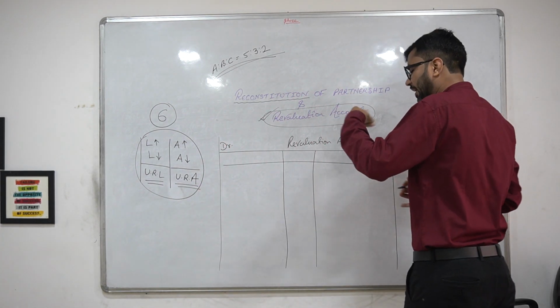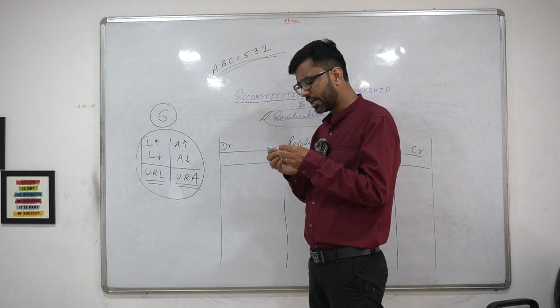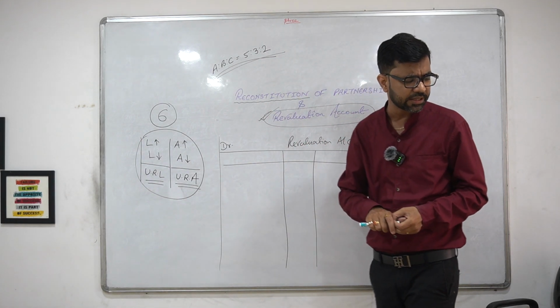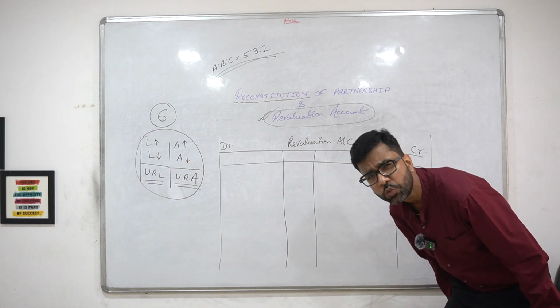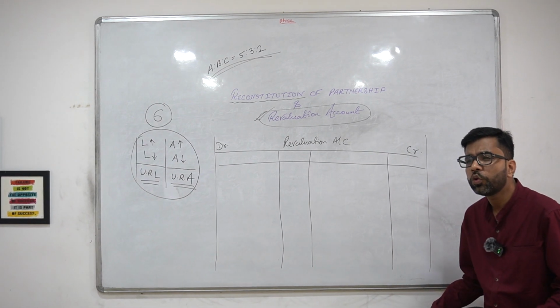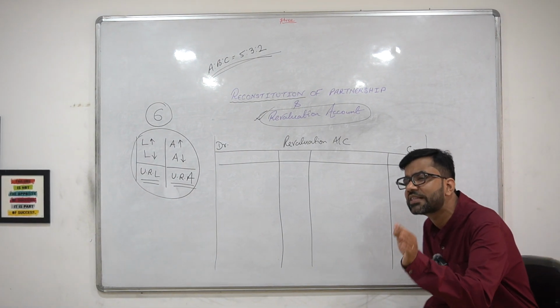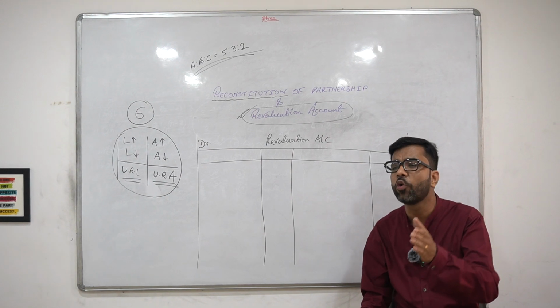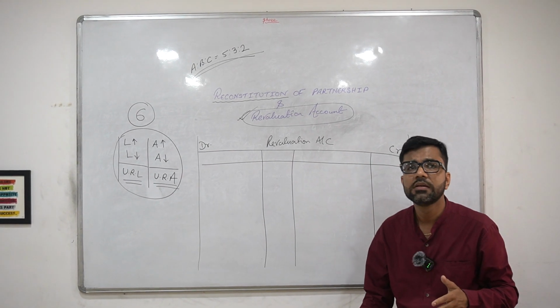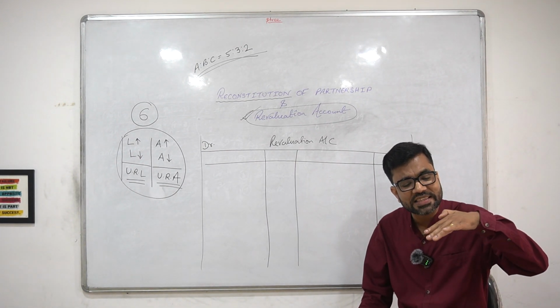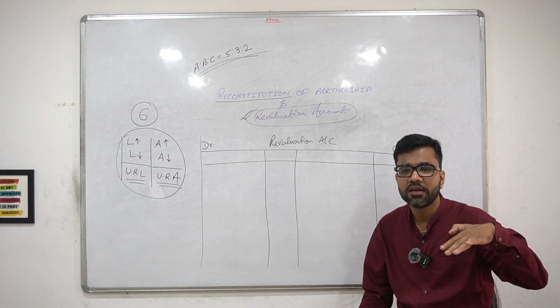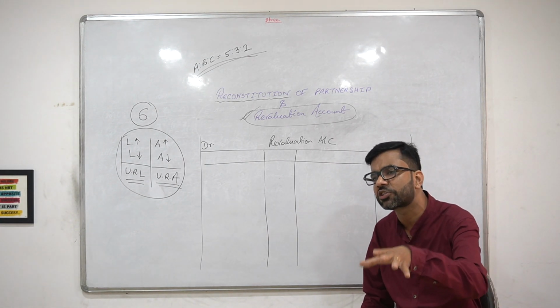Forget about accountancy, forget about debit and credit. Might be you are having problem in accountancy, but even to a layman who just knows the meaning of asset and liability, if I go and ask that person, sir, आपके एसेट का वैल्यू बढ़ गया है, बताइए फायदा हुआ या नुकसान हुआ?